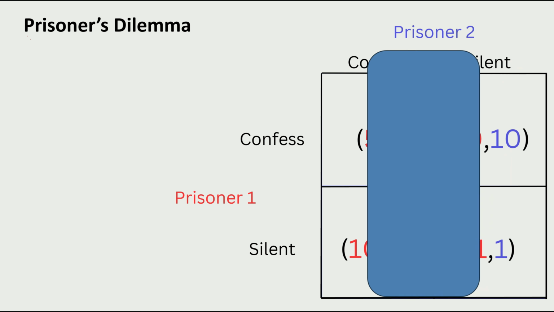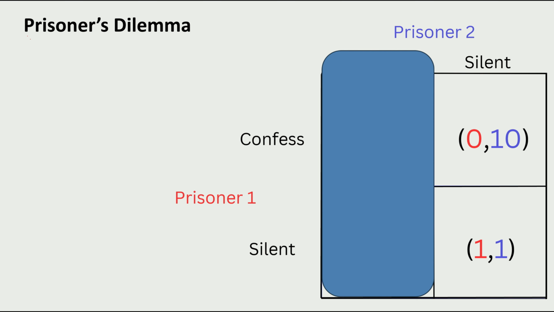Okay. Now what happens when prisoner 2 remains silent? Well, if prisoner 1 confesses, he would get 0 years of jail time. And if he remains silent, he'll get 1 year of jail time. So when prisoner 2 remains silent, prisoner 1 confesses, because 0 is less than 1.